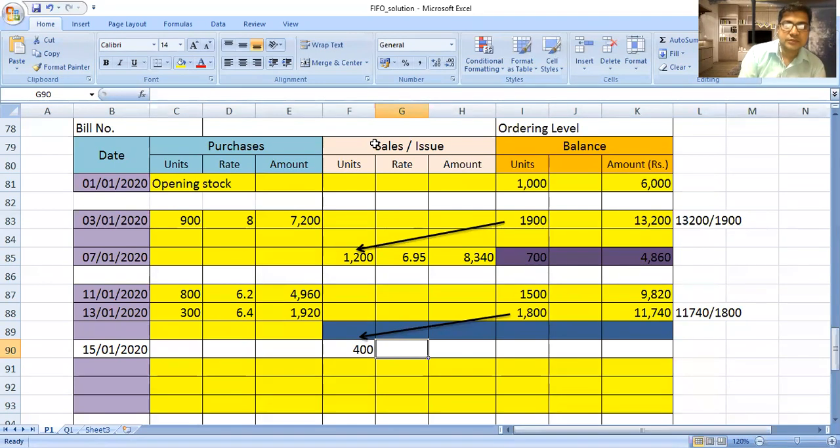Yes, any answers? It is 6.37. Now we have to multiply this 400 into 6.37. You will get the value 2548.